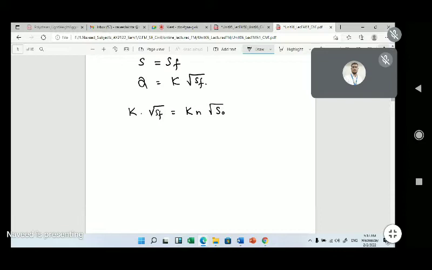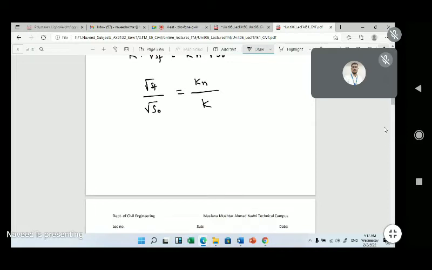So SF upon S0, leaving the under root, is Kn square upon K square.